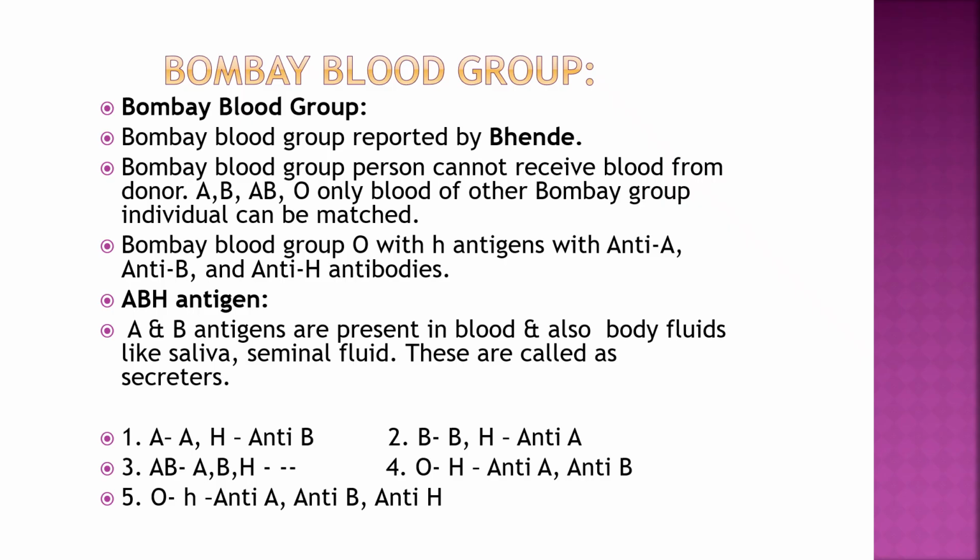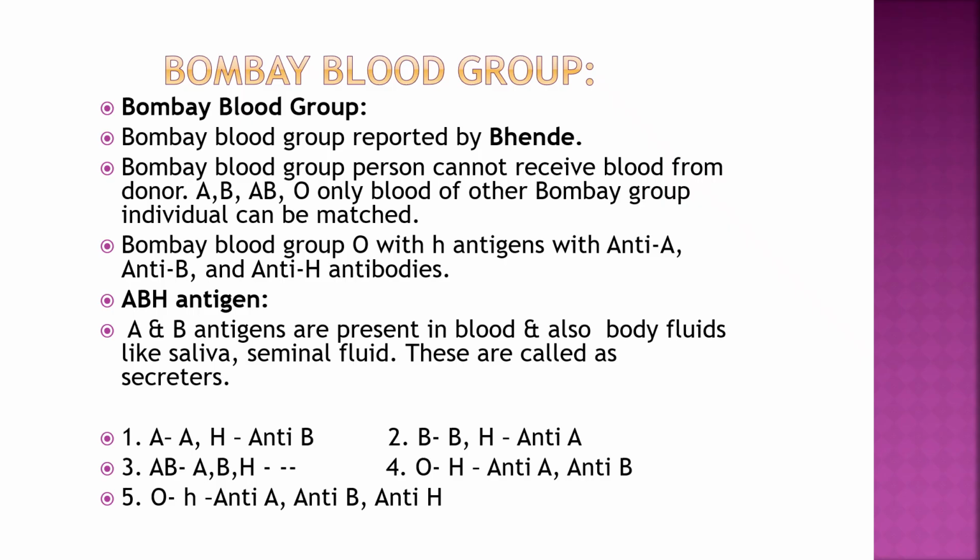Normally H antigen is present in blood, so no anti-H antibodies are seen. But in O group, if O positive, both anti-A and anti-B antibodies are seen and no antigen. In OH, that is Bombay blood group, anti-A, anti-B and anti-H antibodies are seen because H antigen is not there.